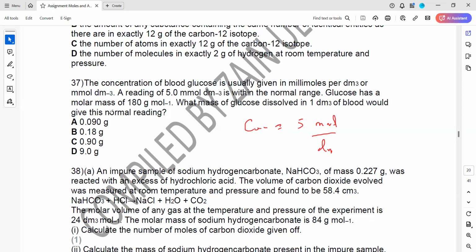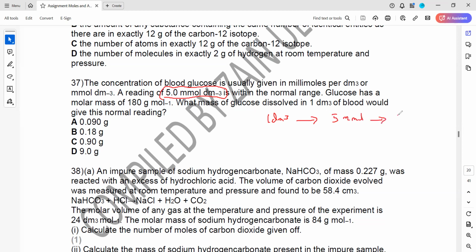What we want is how much mass is dissolved in 1 dm cube. Because we have this concentration of 5 millimole per dm cube, in 1 dm cube there will be 5 millimoles.